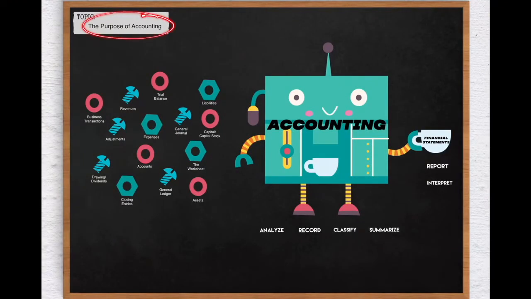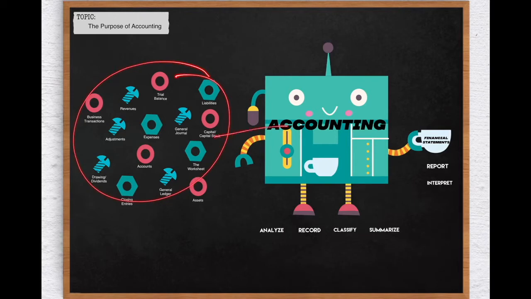Accounting is more similar to learning a language. What's the purpose of accounting? Think of a robot that makes coffee. It's an awesome robot, makes coffee. And in reality, it's pretty simple because you turn it on and it makes coffee for you. But the robot, let's assume in this case, represents accounting. The robot itself, there's a lot of things going on inside it to make it work.